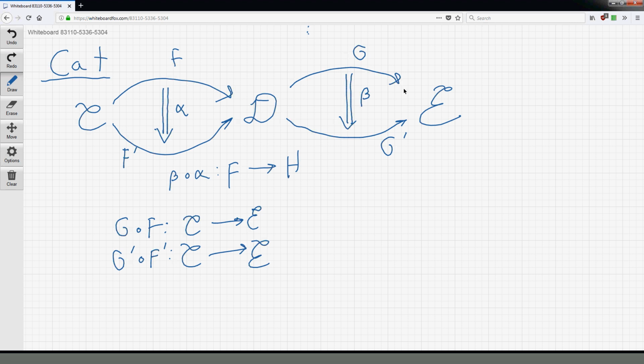Now, is there a corresponding natural transformation between these? Well, there's actually several. Well, there's one. There's lots of ways to compose these four functors, but with the way that we've composed them here, there's a natural transformation from G after F to G prime after F prime, which is the horizontal composition, which I write as a star.